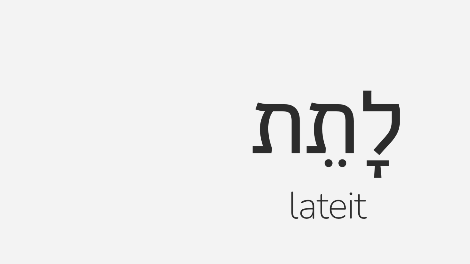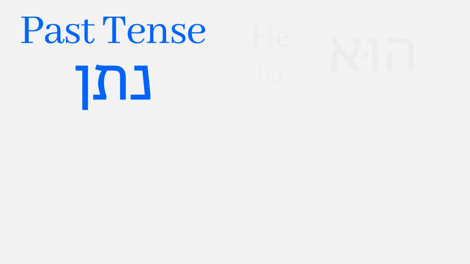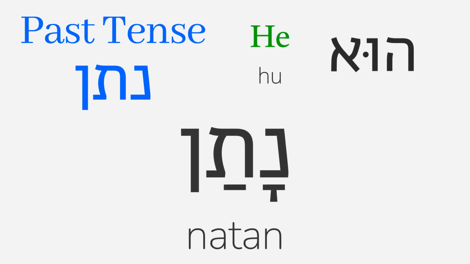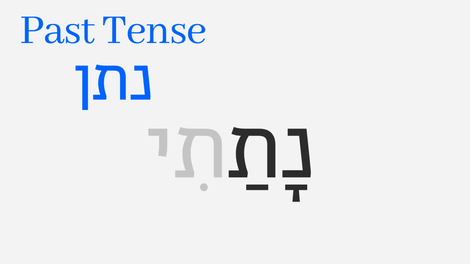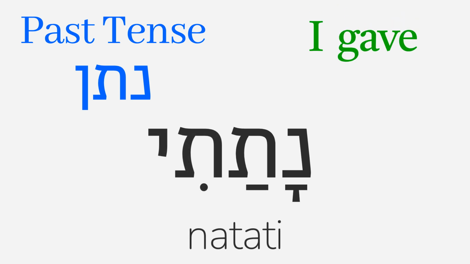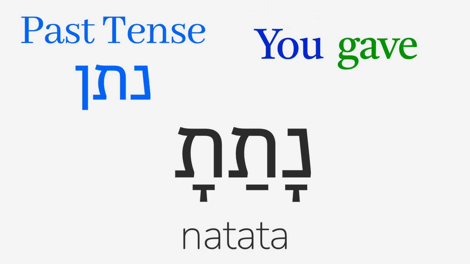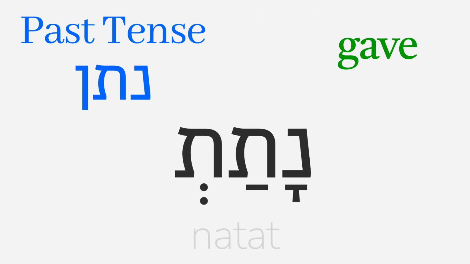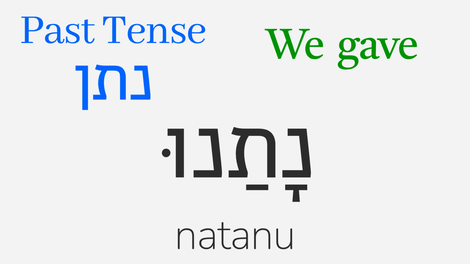The verb latet, to give, which is from the root nun tav nun, is irregular in several forms of the past tense. The hu form is regular, natan. But to make the following forms of its past tense, we take out that last nun before adding the endings: t to make natati, I gave, ta to make natata, you gave masculine singular, t to make natat, you gave feminine singular, and nu to make natanu, we gave.